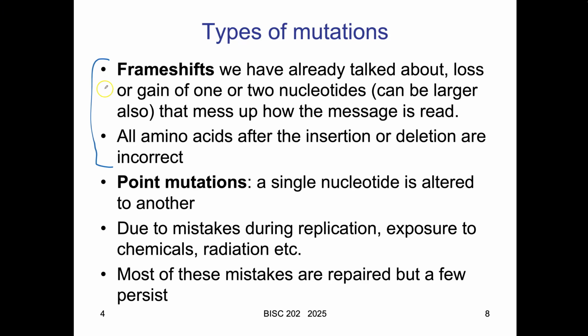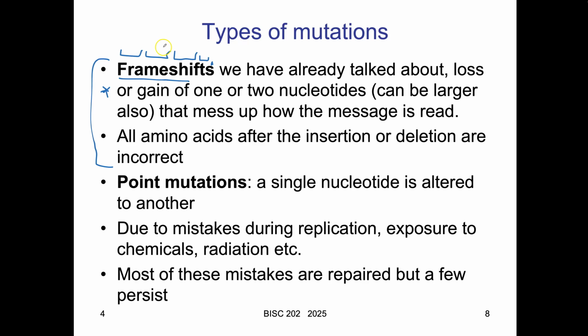So I won't spend a huge amount of time on this, except that those are what we call frame shift mutations, because you have the correct frame, but then a nucleotide is missing, so it spills over to the next nucleotide and you end up getting the wrong information.